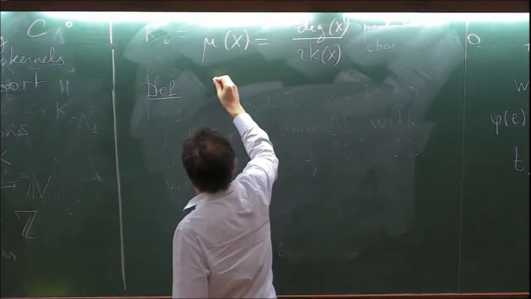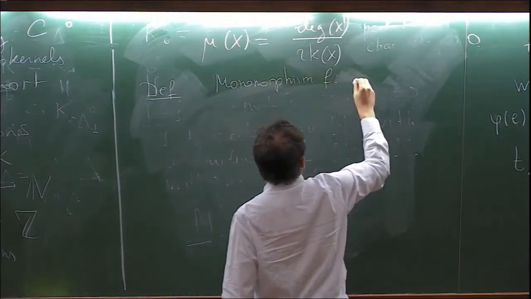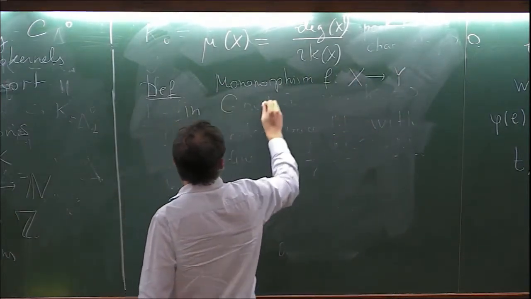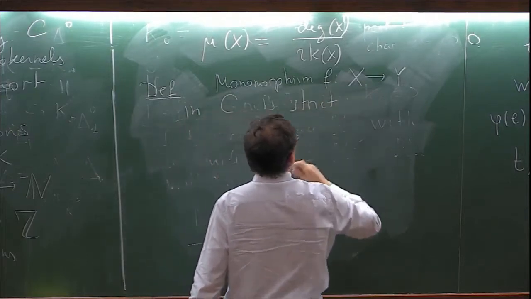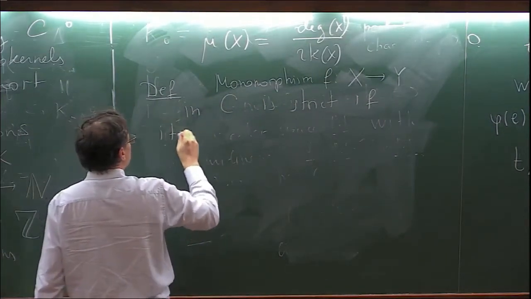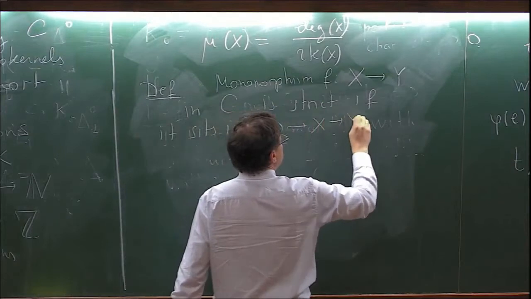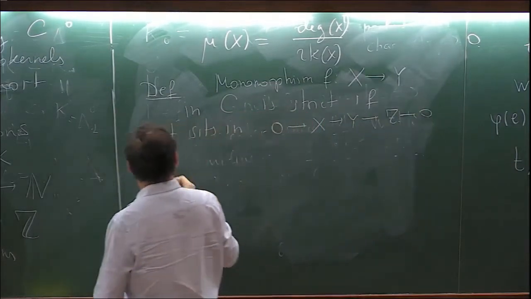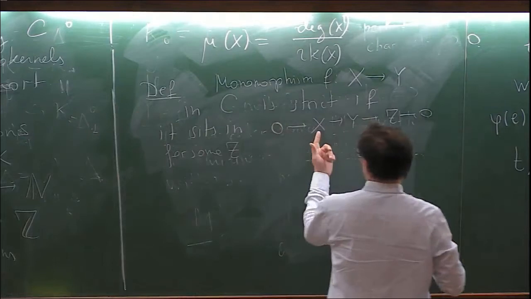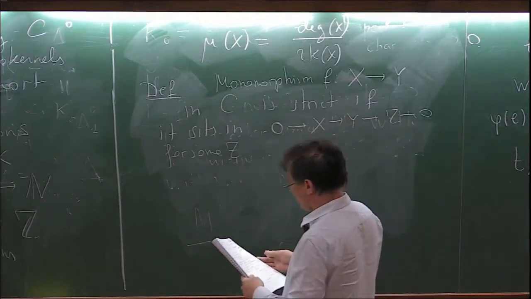We say that a monomorphism f in this category is strict if it sits in a short exact sequence, for some Z. So if X is the kernel of some morphism from Y to Z.